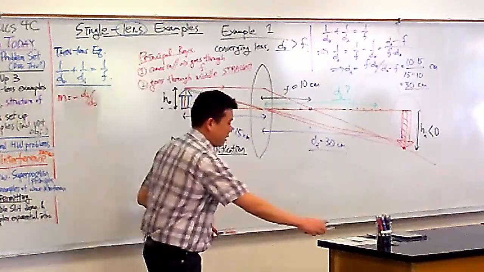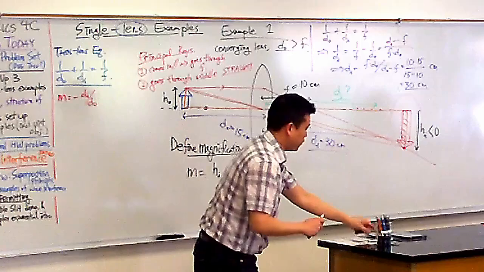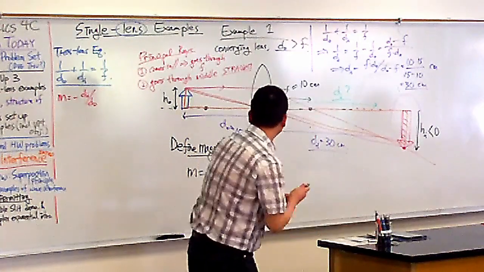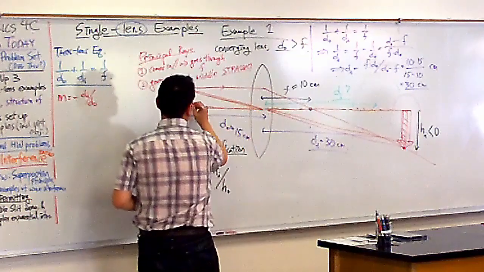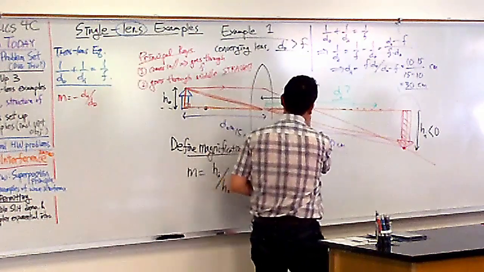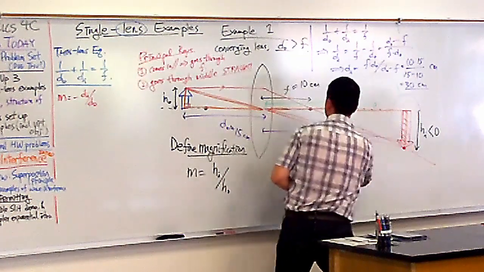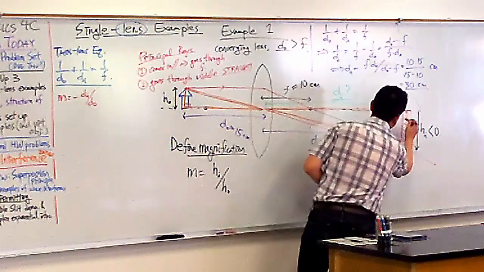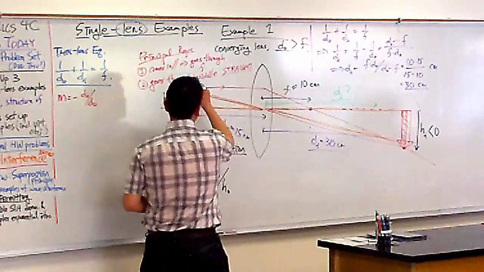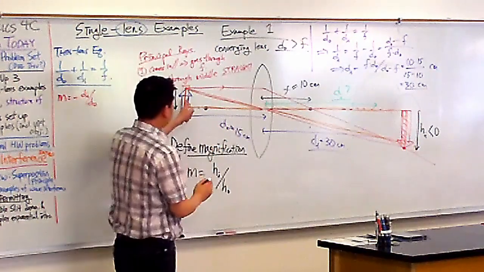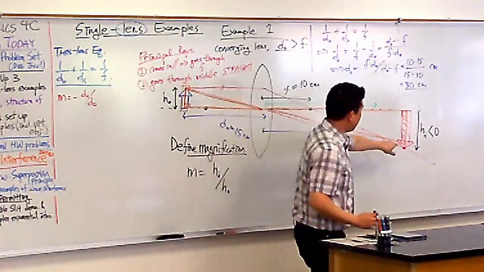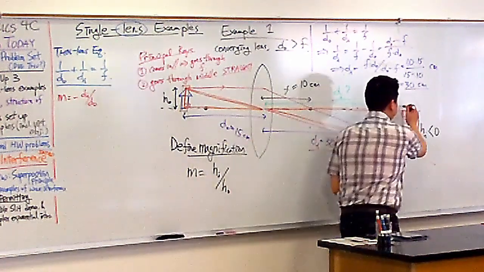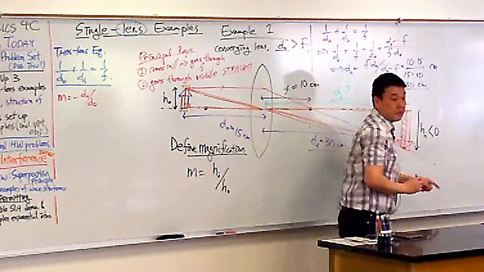This is where these auxiliary figures are helpful. This right triangle here and this right triangle here share a feature: one side of this right triangle is the height of the object, and one side of this right triangle is the height of the image.